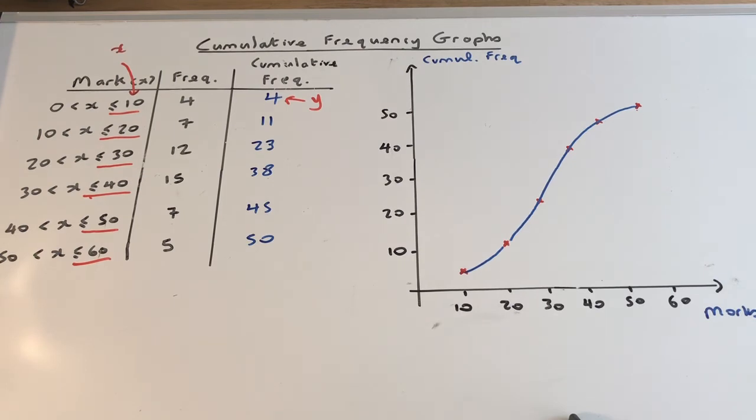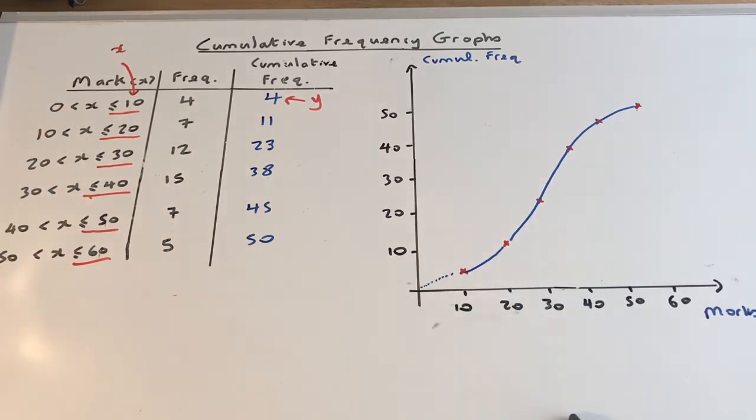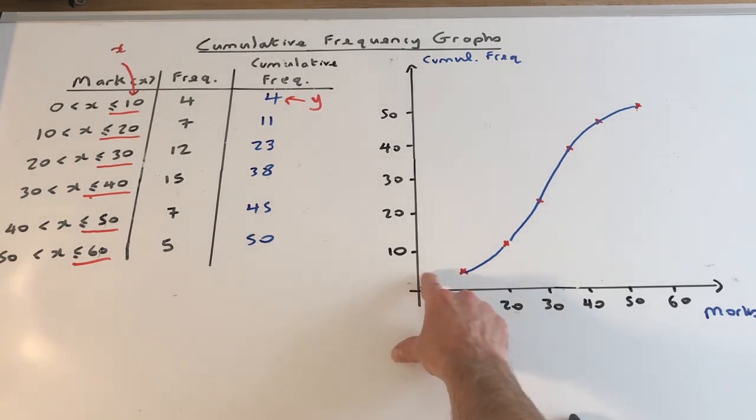Nobody scored less than 0, so 0 is the lowest score you can get. So they join it back to whatever the lowest score is. Some textbooks you'll see will join back to maybe 0, like that. There might be one or two occasions where we talk about that, but you can do it or not if you want to. I'm not so worried about that, but you do need to join the points.